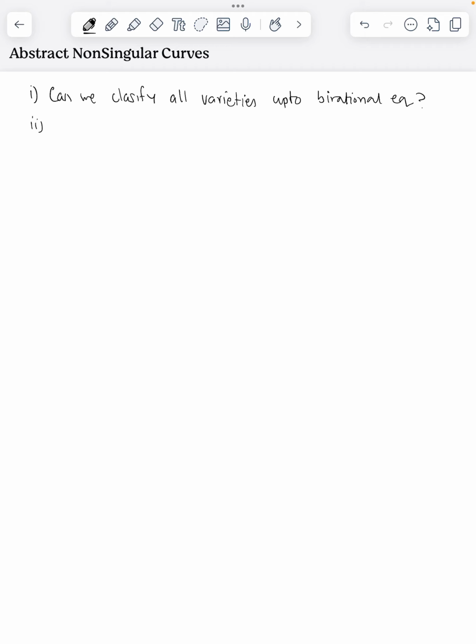Then, can we find a non-singular curve in each birational class?